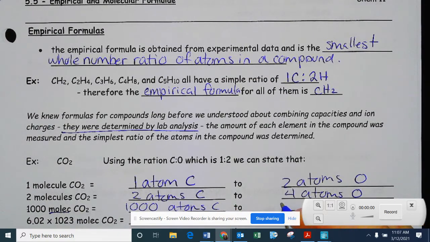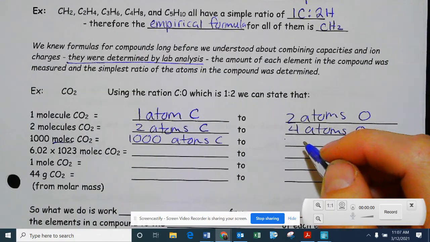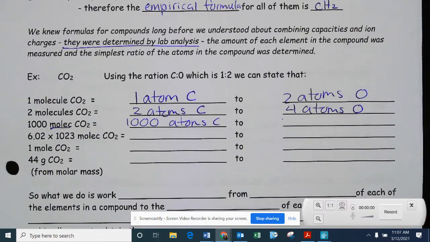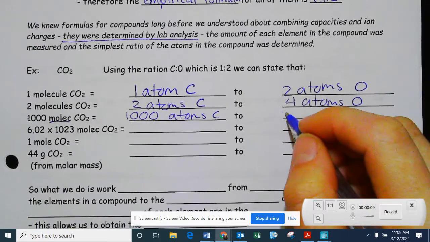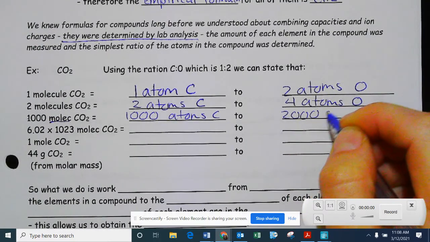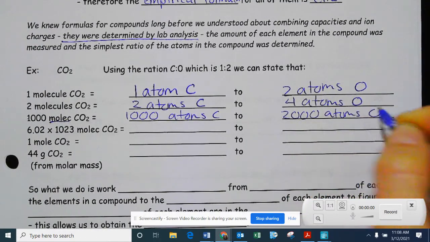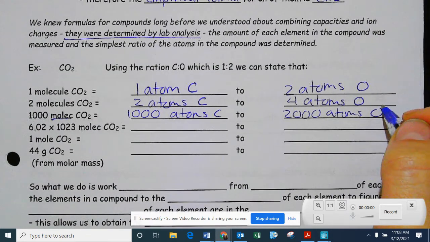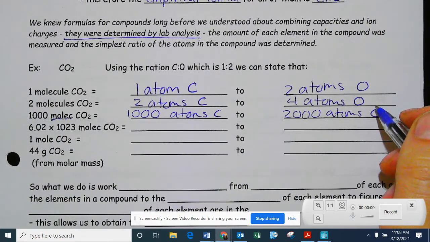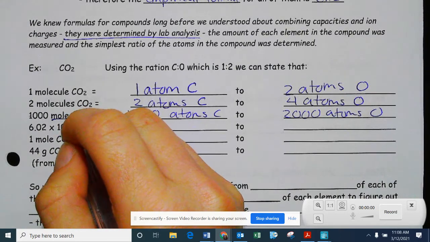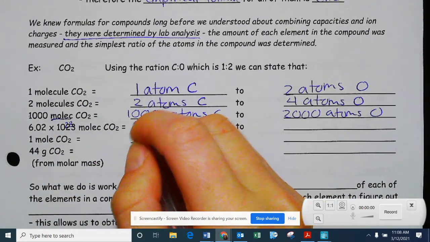to 2,000 atoms of oxygen. Here's a gigantic number. This should be a little 23 up there. Sorry about that.